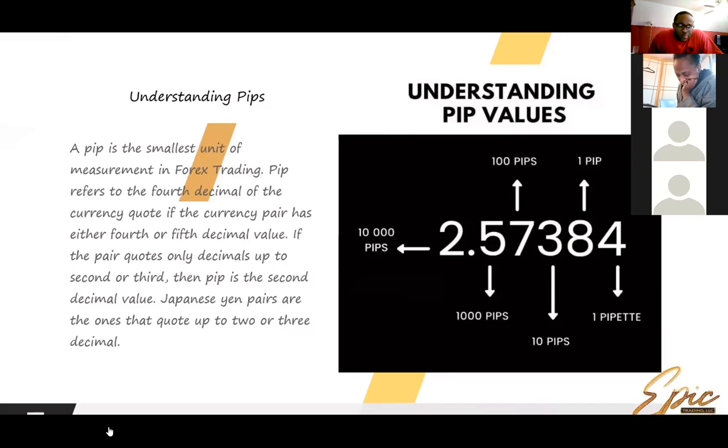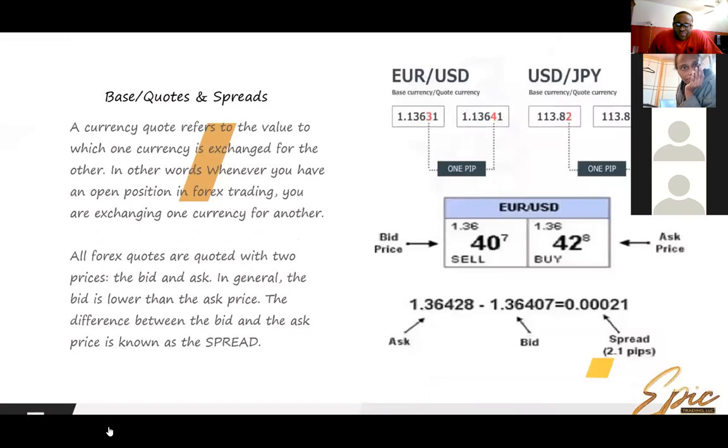So the reason why currency is quoted in pairs, we're going to teach you how to actually read that so you can understand this a little bit better. When you see currency, you're going to see them put together as a base and a quote.